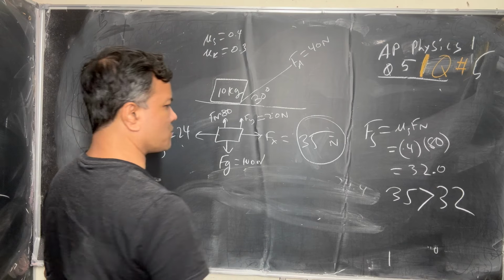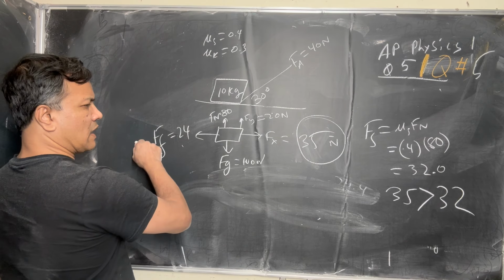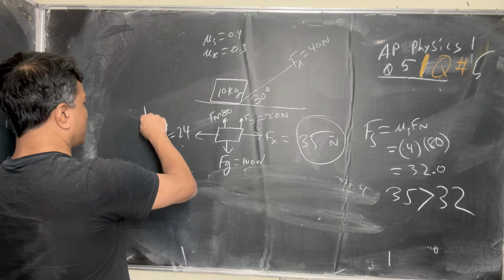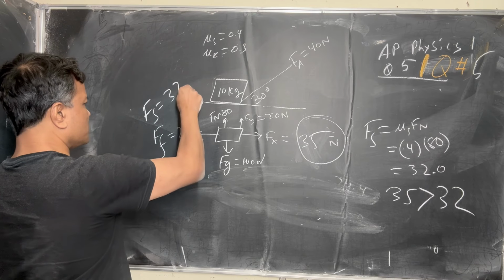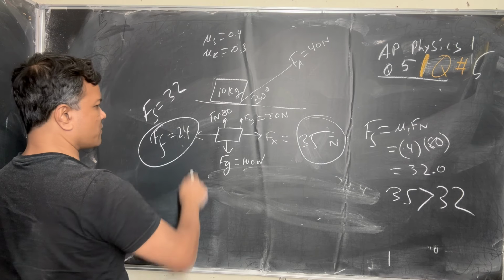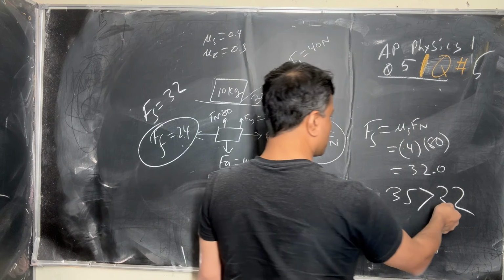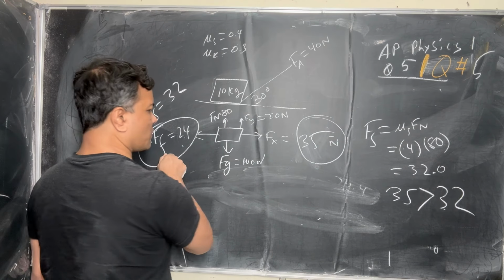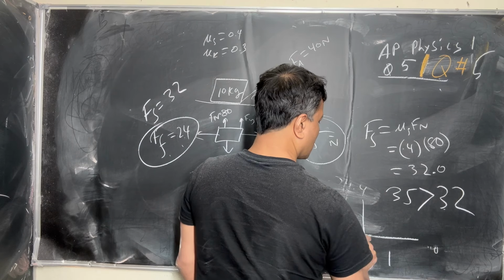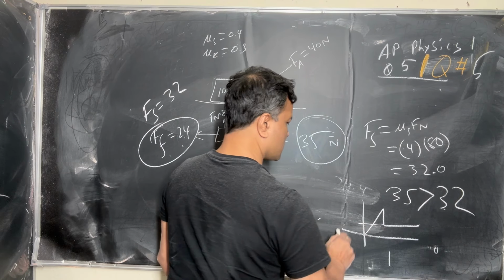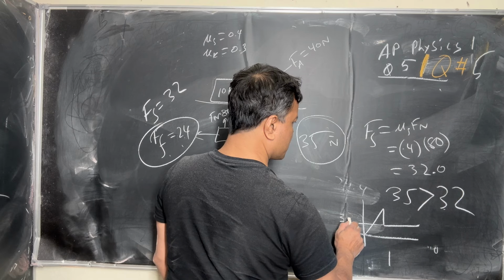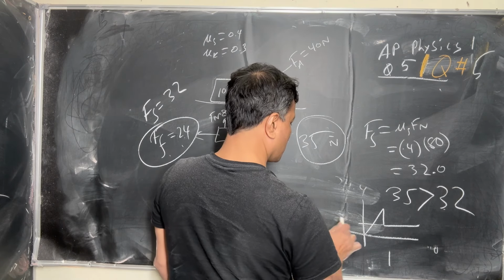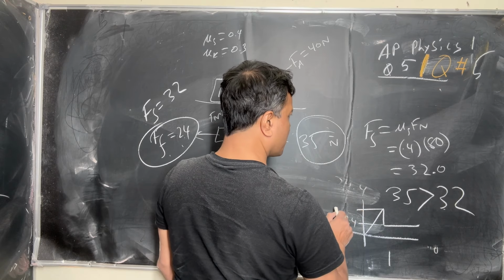So the object will move. So the friction is 32 or 34? We have to use 24 because 35 is bigger than 32. This is 24 and this is 32.